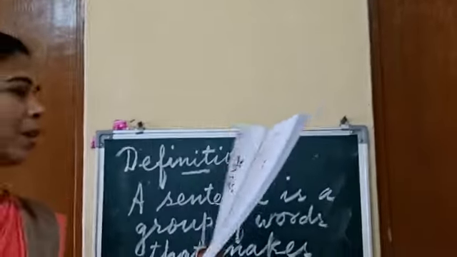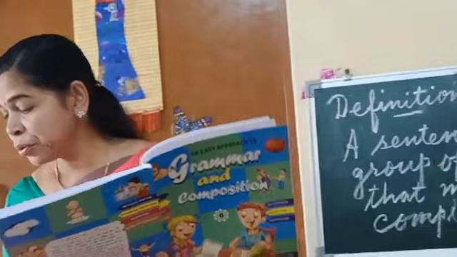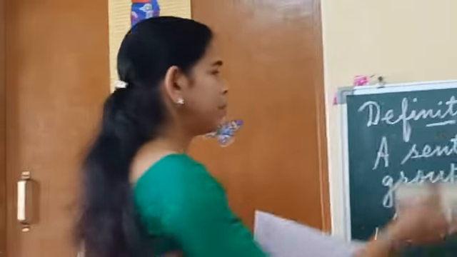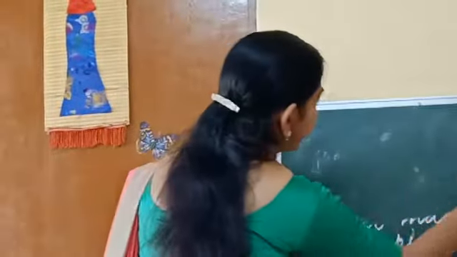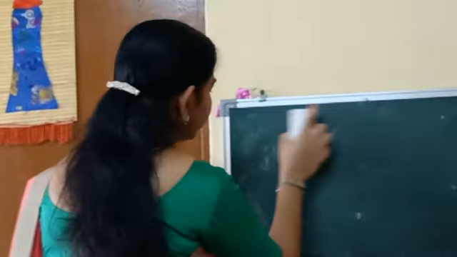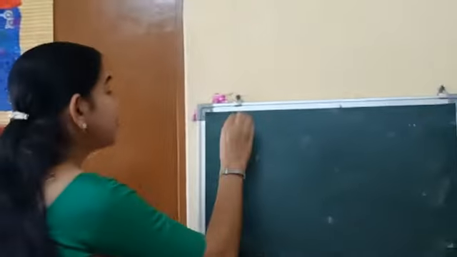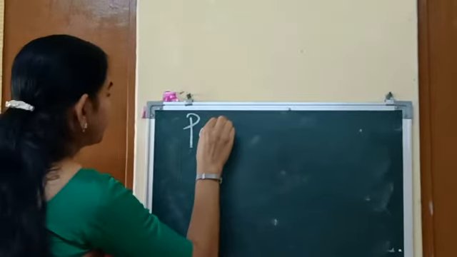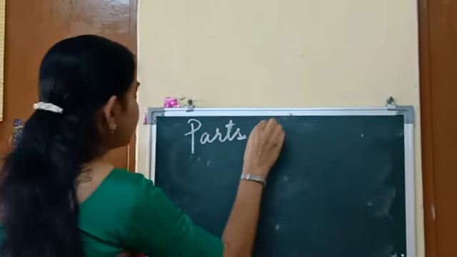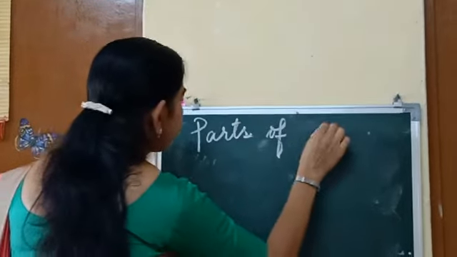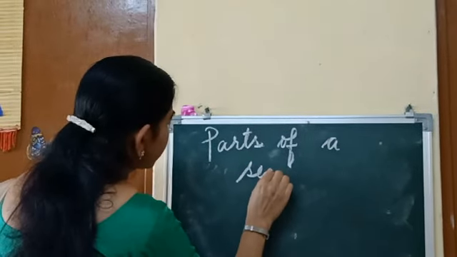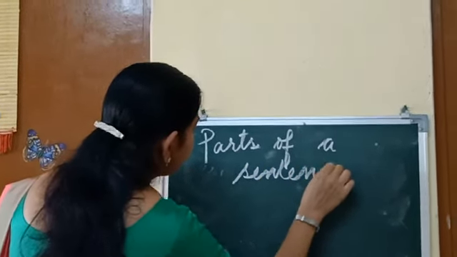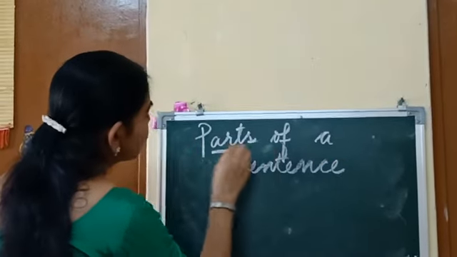Okay? Now let us go to the next part, the continuation of the same lesson, lesson number 1.1, that is parts of a sentence. I think all of you know about it since you have learned it in class 5.